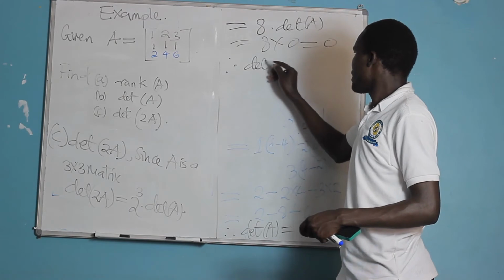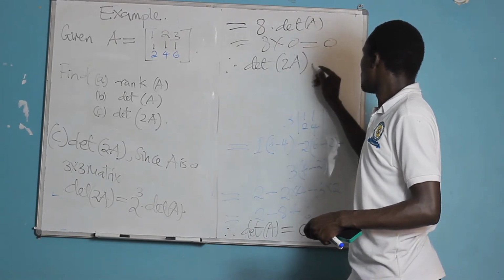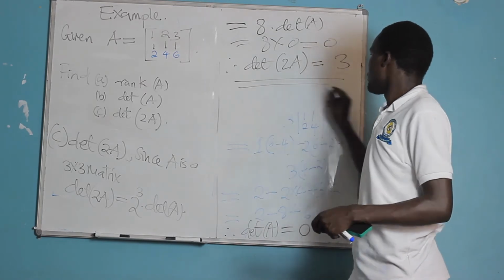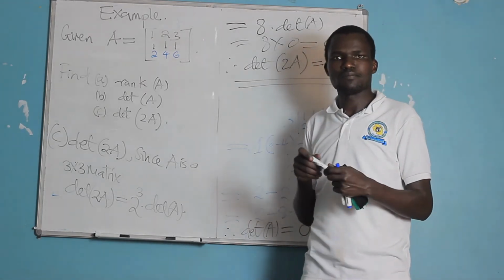Therefore, the determinant of 2 times A through the properties of determinant is also equal to 0.